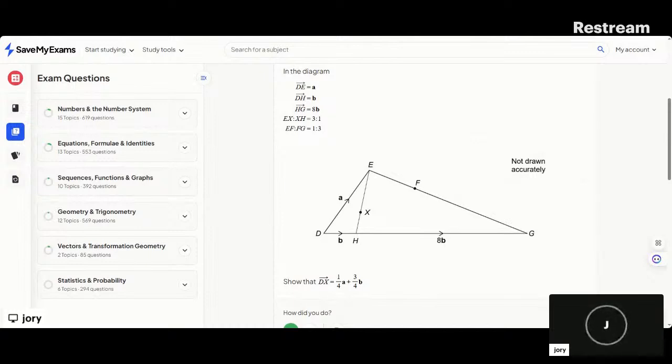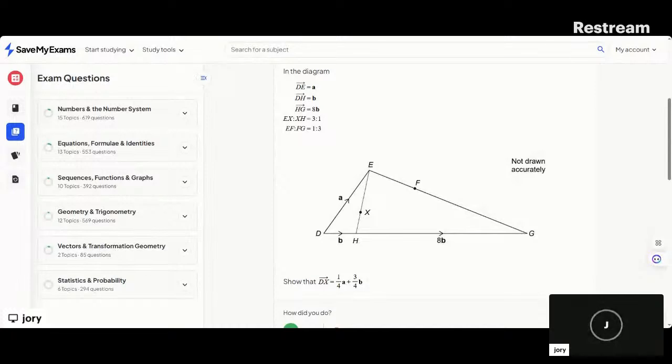So we're going to divide all that by 4. 9 is not divisible by 4. So it's going to be 9B over 4 minus A over 4. Okay. This is EF, because EF is 1/4 of EG.